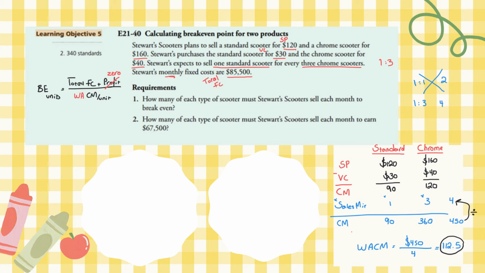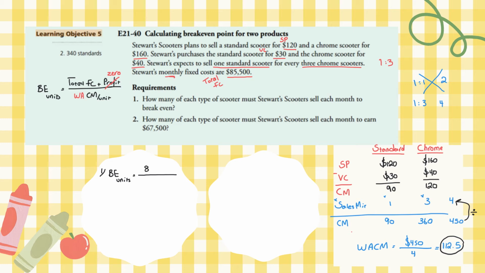Now let's find the answer for requirement number 1. Break-even sales in units is total fixed cost plus 0 divided by the weighted average contribution margin.